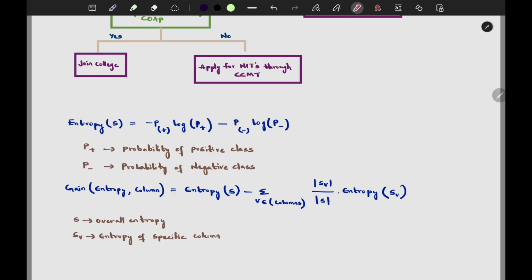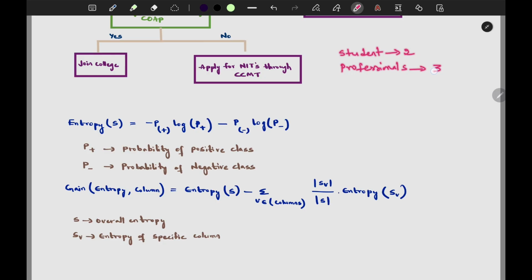Now, information gain is equal to the overall entropy minus the summation of mod of Sv divided by mod of S, times entropy of Sv. For example, just consider one feature, a feature which is student, where there are maybe 2 students and maybe 3 professionals, just for the example.